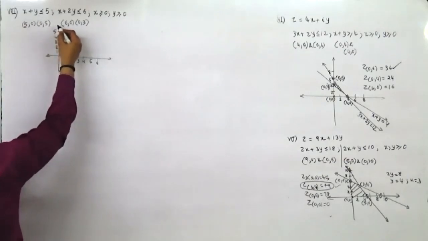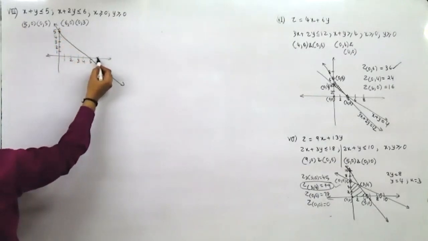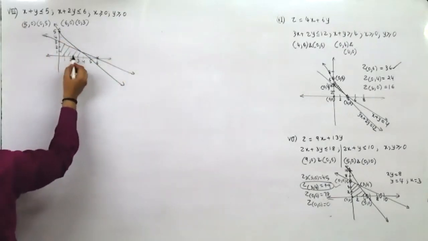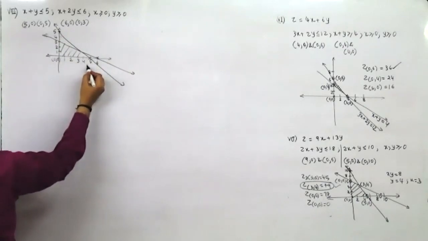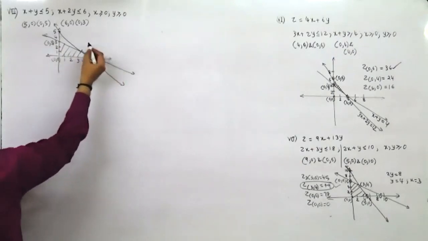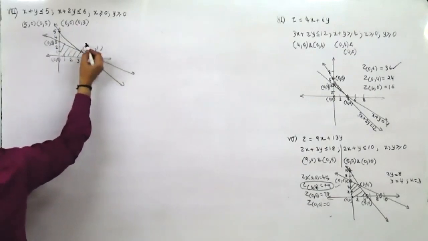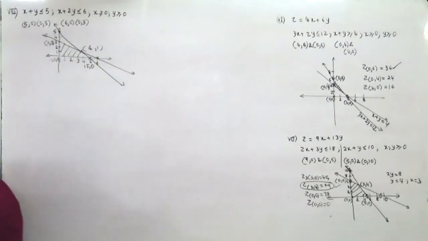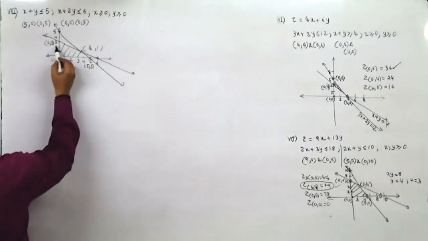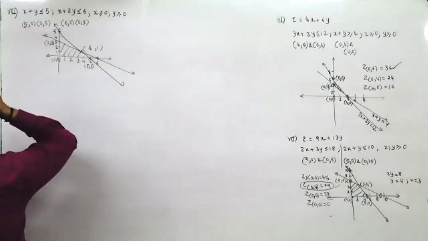Now x plus y equal to 5, and x plus 2y equal to 6 means 6, 0 and 0, 3, and both are less than, that means it is here. 0 comma 0 here, this is 5 comma 0, this is 0 comma 3, and this point is the point of intersection of these two. When I solve it, I'll get y equal to 1 and x equal to 4. So here the points are 0 0, 0 3, 4 1 and 5 0. Yeah, it is B.